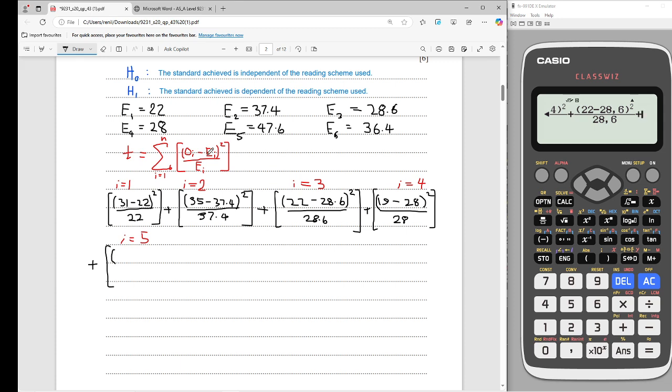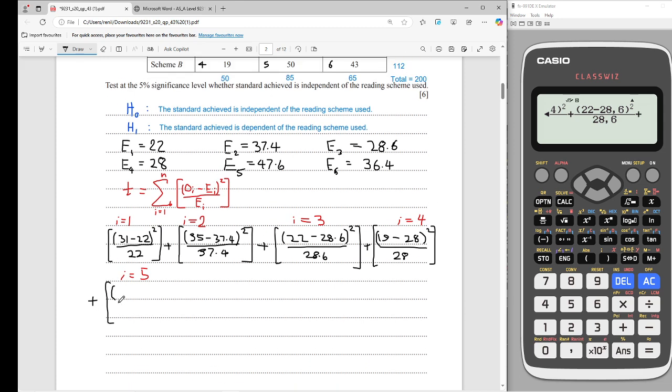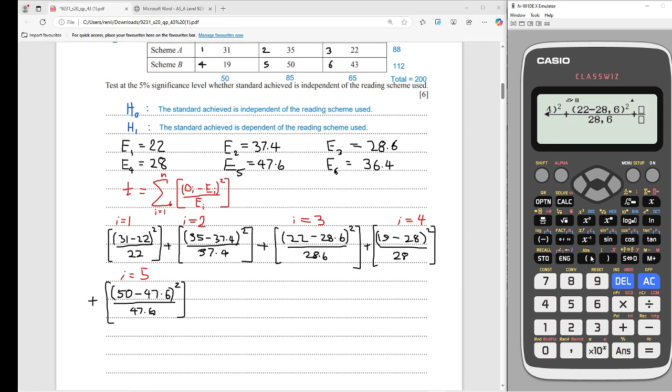When I equals 5, our observed value becomes 50. Our expected is 47.6. Whole square the difference, whole divided by 47.6. Let's put these two in the calculator, and then we will do the last one.